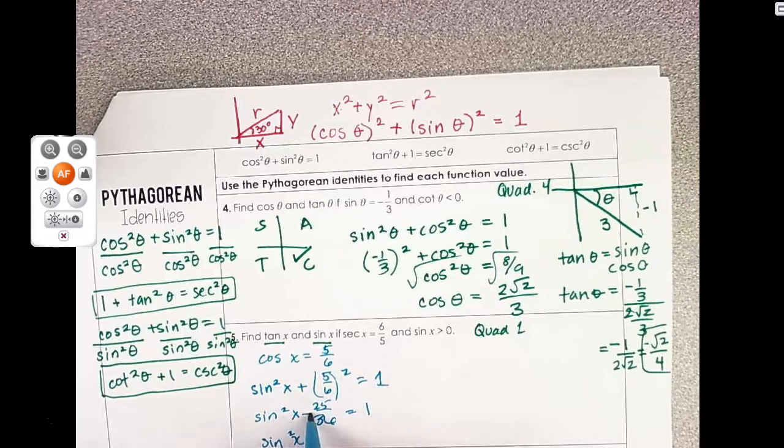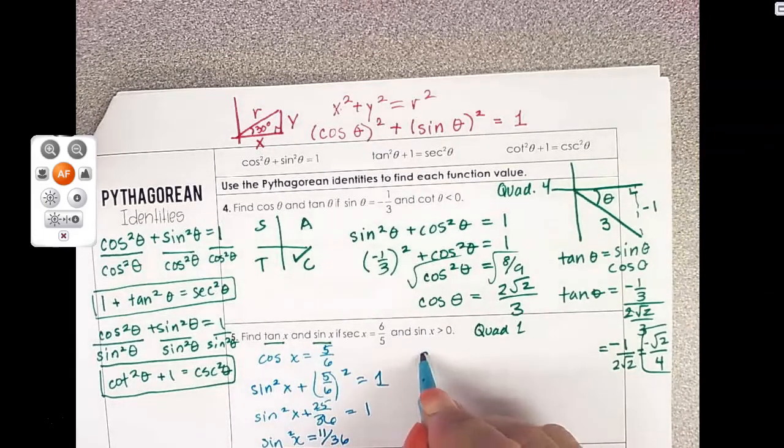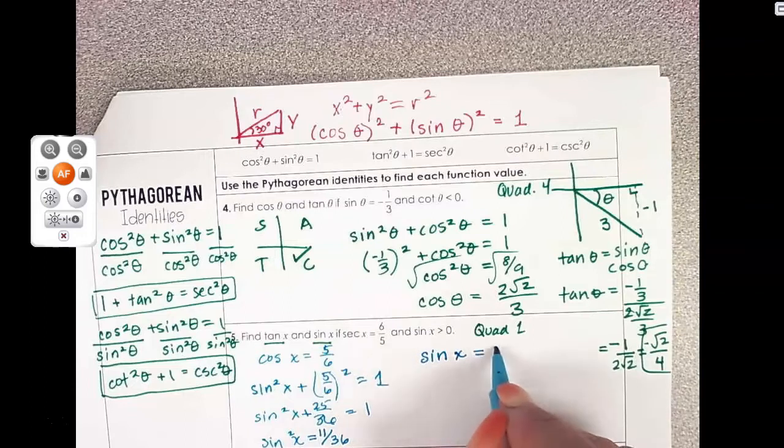Sine squared of x plus 25/36. So I'm going to subtract 25/36 from 1, and I get 11/36. And so I square root both sides, and I get my sine is equal to root 11 over 6.